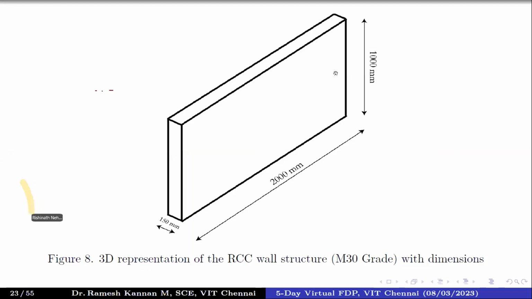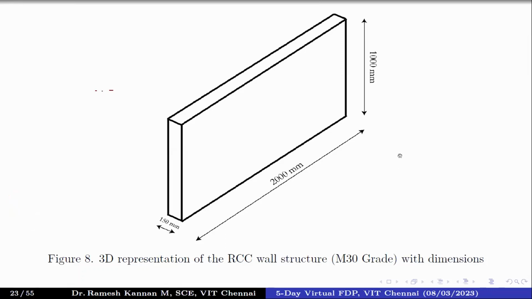This is the structure which we considered for the analogy. We take a wall structure, 1000 mm by 2 meter, 150 mm thick, and we'll study the effects of non-destructive testing, or we'll use the Schmidt rebound hammer to understand the implications.